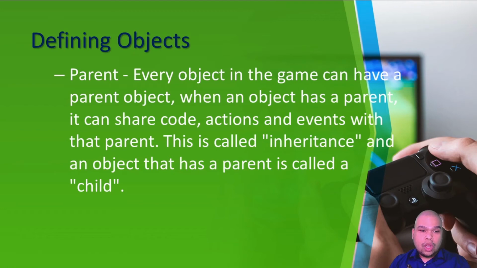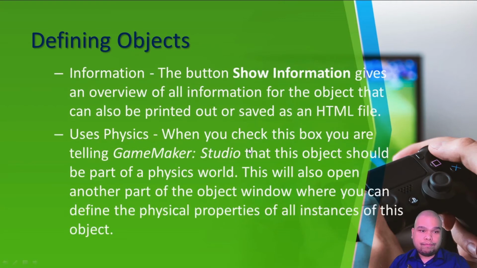Once you've created an object that is a child of that parent, it will inherit all of its events and actions. It saves you time in creating events and actions for all those objects. You'll only be doing the events and actions once, but you can use them multiple times by creating a parent object and child objects.